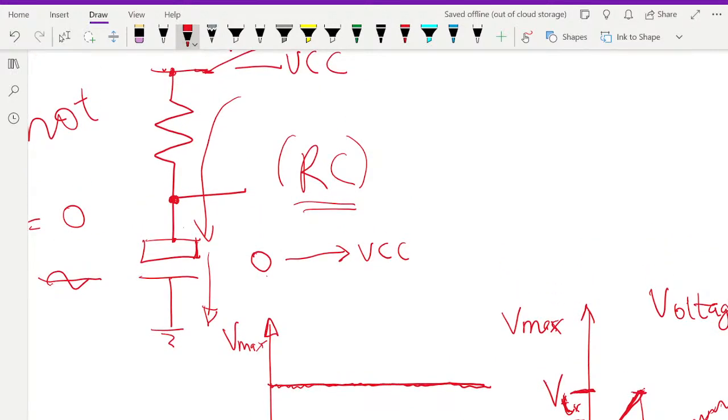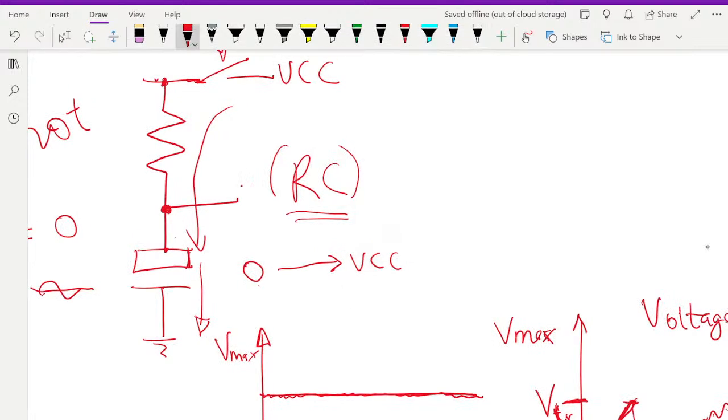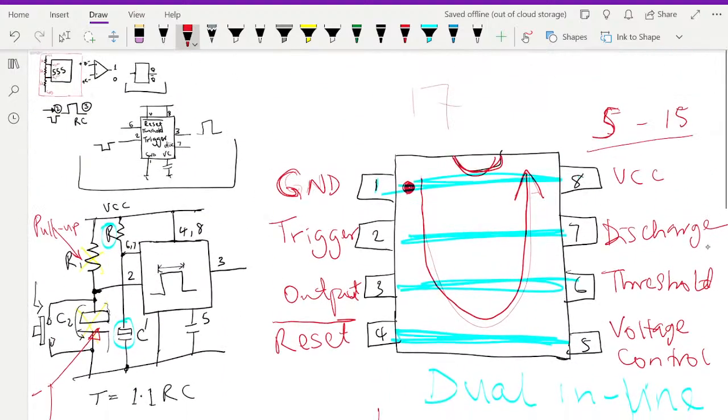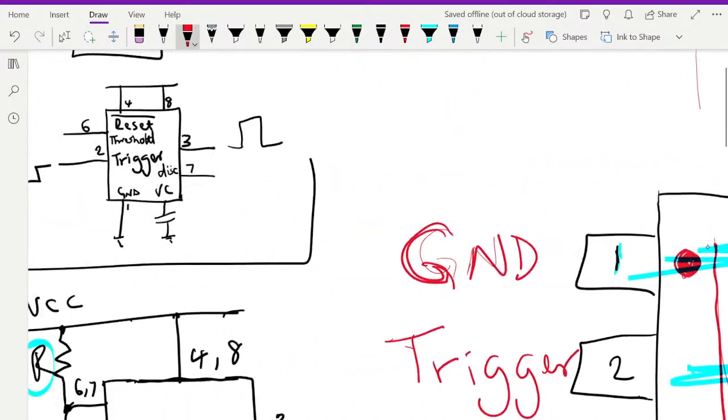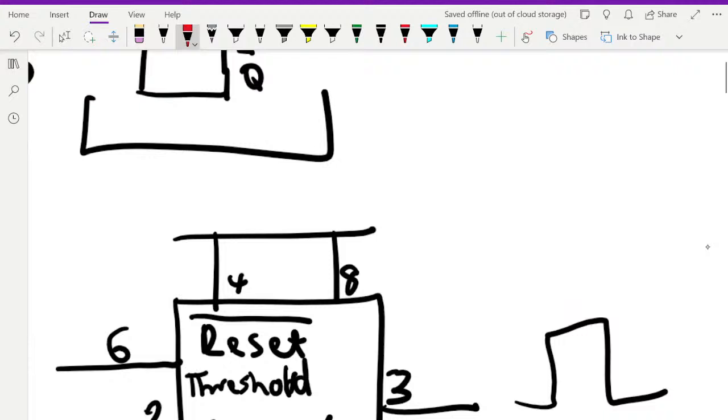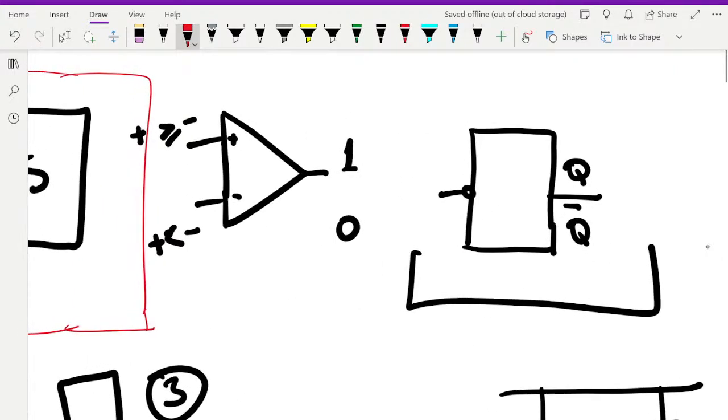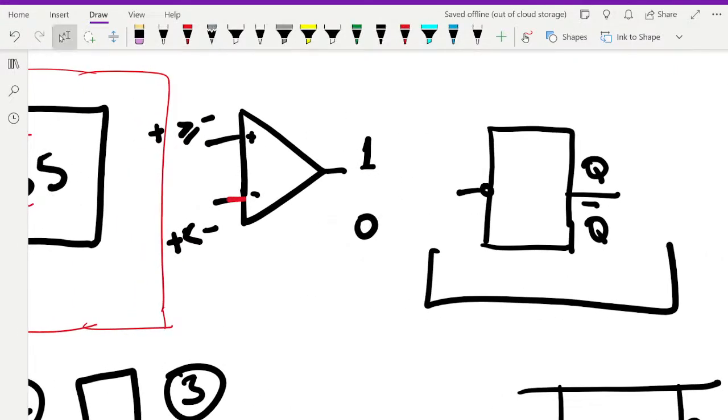But before it starts charging, sorry, pin 2 connected here, remember we're talking about the 555 timer. Pin 2 sees a ground momentarily, sees a short, and that short takes it below 1/3 VCC. And if you remember the comparator we talked about here and in the other videos, the comparator has the motivation to give the output as high, because momentarily that trigger pin is connected here.